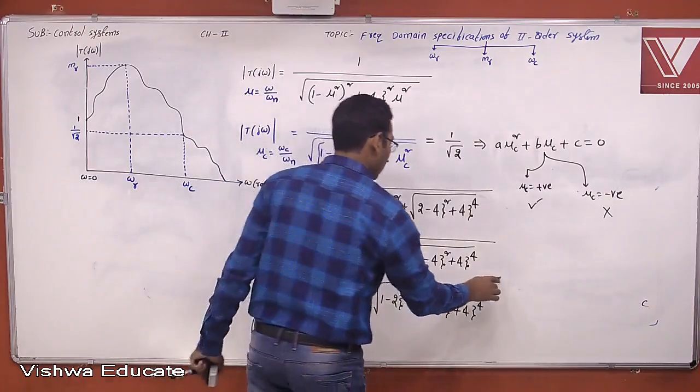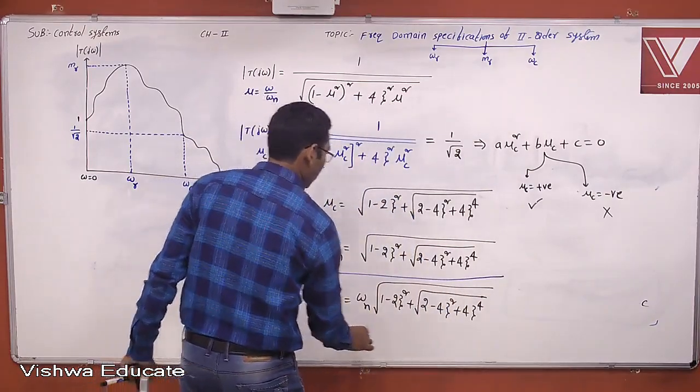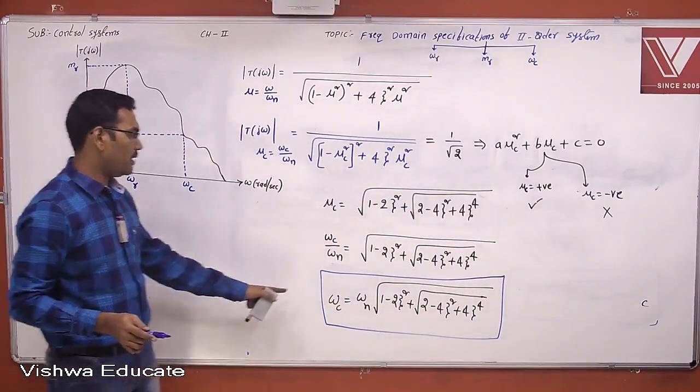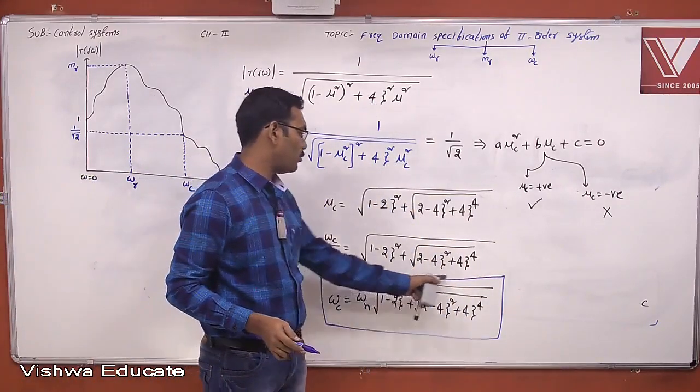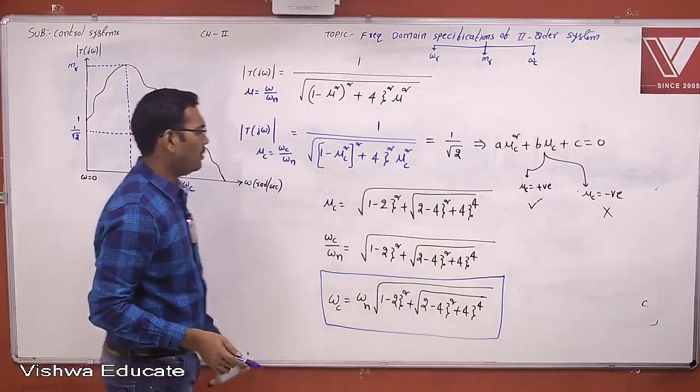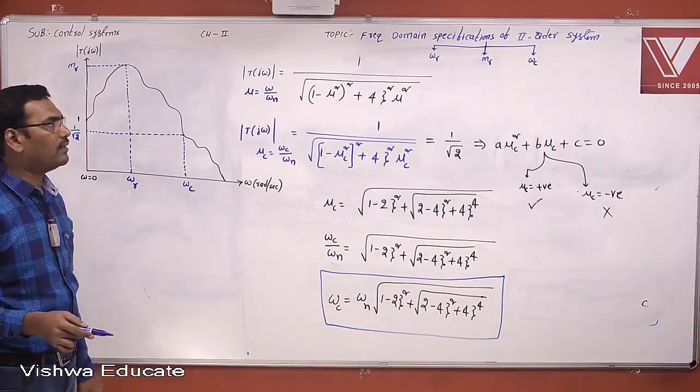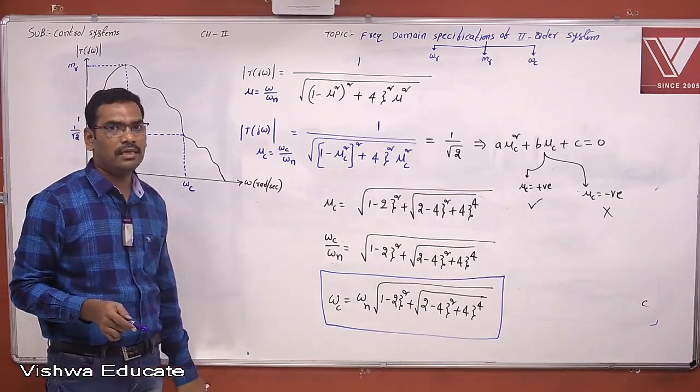Now this is omega c, the cutoff frequency. Omega c is equal to omega n into under root of this one. This cutoff frequency is another parameter of the frequency domain specification of the second order system. Note down.